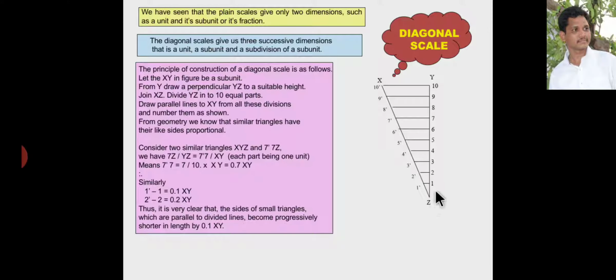From geometry we know that similar triangles have their like sides proportional.